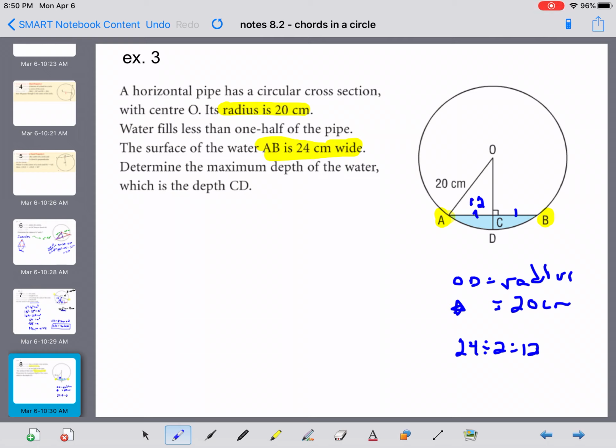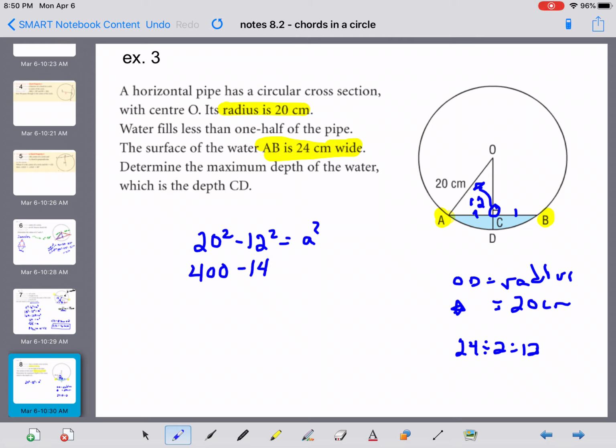Well, now all of a sudden I have a scenario where I have a hypotenuse, which is 20 because my 90 degree is here. I'm going to the opposite side. That's my hypotenuse. So now I have 20 squared, and I'm going to take away 12 squared, and that's going to be my unknown, which basically is going to be O to C. Not O to D. So 20 squared is 400.